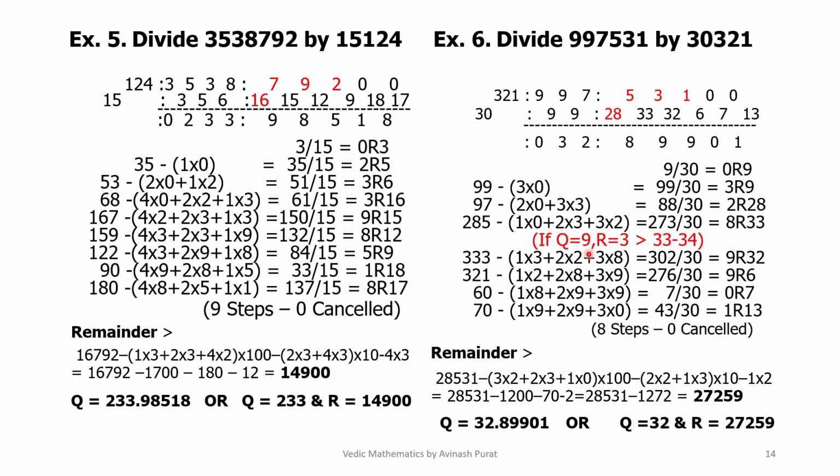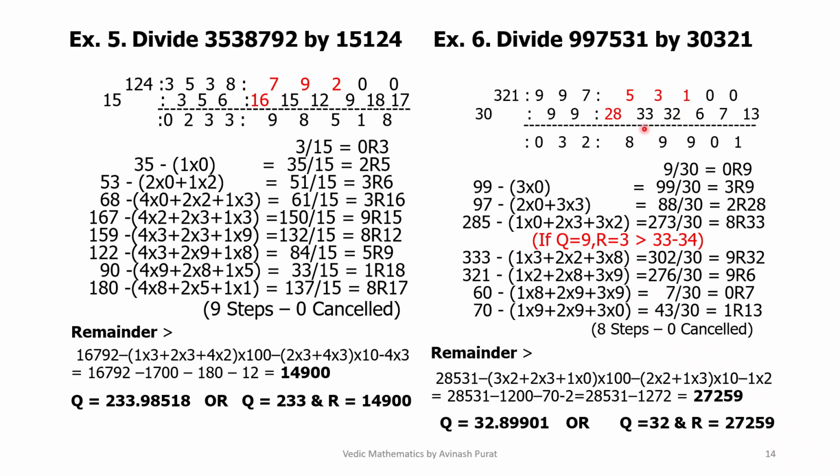If the quotient is 9 in this case, against 8, the remainder would be only 3, and then it will go into minus. So 333 minus 1 into 3 plus 2 into 2 plus 3 into 8 equal to 302, divided by 30 equal to 9, remainder 32.